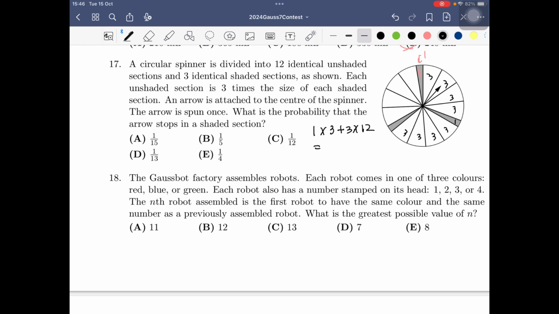If the shaded sector has the size 1, then this whole circular spinner has the area of 39. What is the probability that the arrow stops in the shaded section? The shaded section is 3, and the whole plate is 39, so 1 over 13.